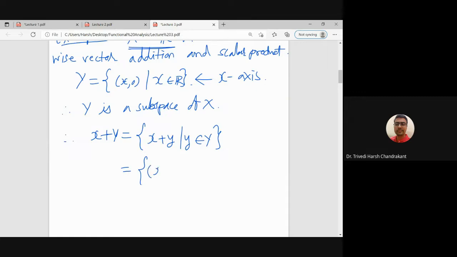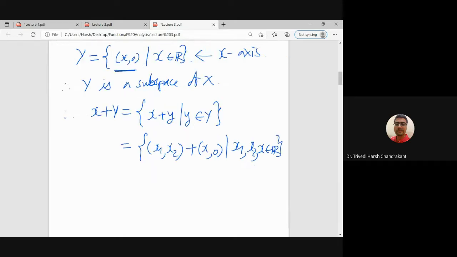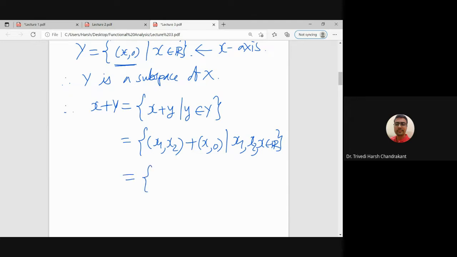So let us write it as (X1, X2) plus an element of Y, which we'll write as, let us say, (x, 0). X1, X2, x are real numbers. When we add this, what do we get? We get (X1 plus x, X2), where X1, X2, x belong to R.